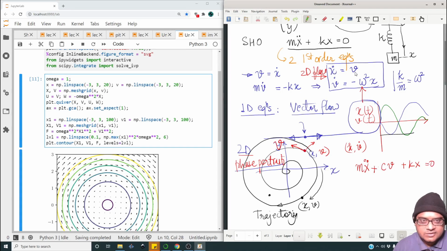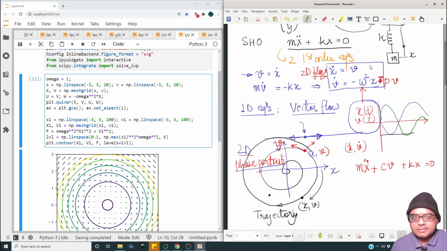So x dot will still be equal to v, and v dot will be minus omega square x plus some new constant. Let me call it p to avoid any conflict, so it would be minus p times v.